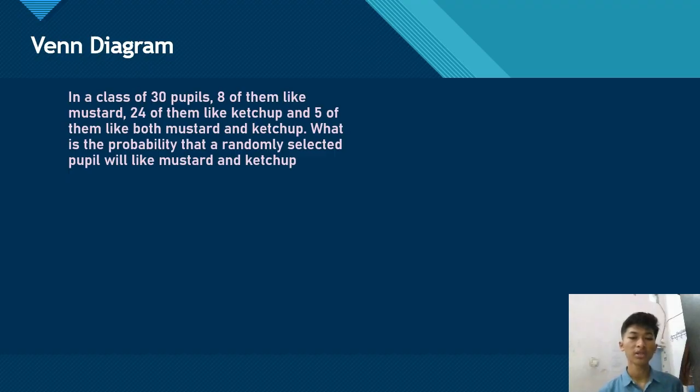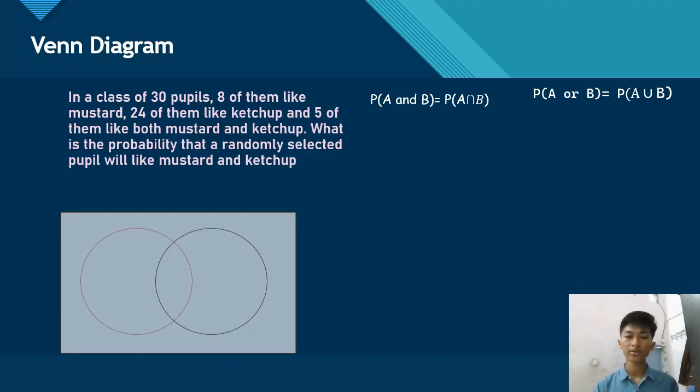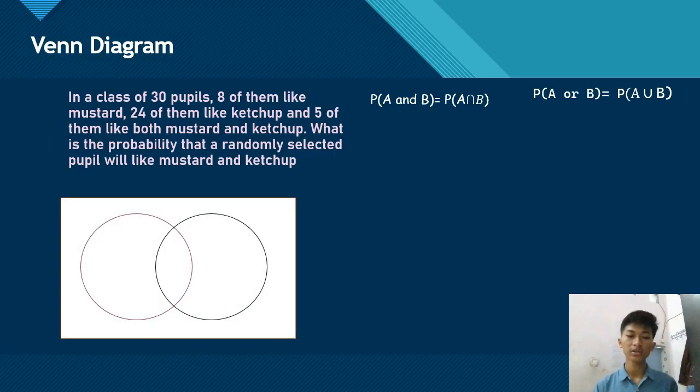What is the probability that a randomly selected pupil will like mustard and ketchup? This is the symbol to remember: probability A and B equals P of A intersection B, and the probability A or B equals probability A union B. Union is the two circles together and the intersection is the part in both.